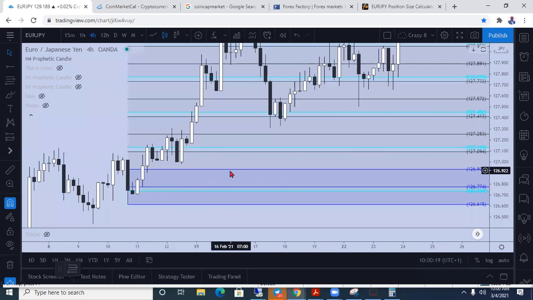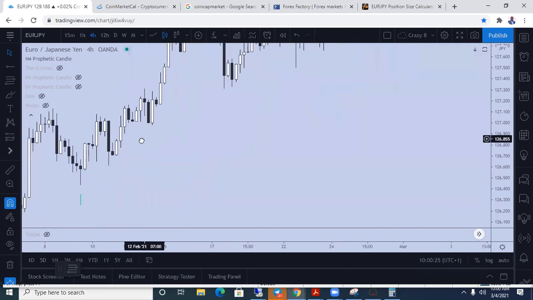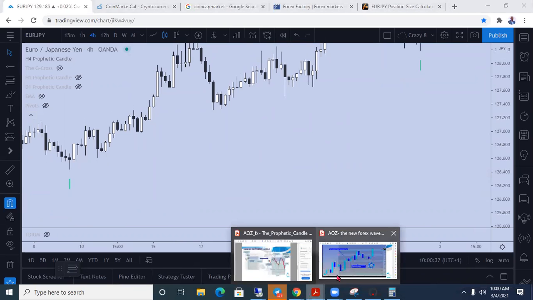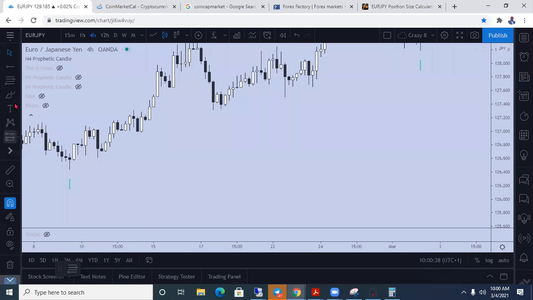Yeah, I promised someone I was going to show you that we don't flip our fibs, right? So I'm going to show you the settings now. Again, go through the PDF for AQZ. I think it's there.